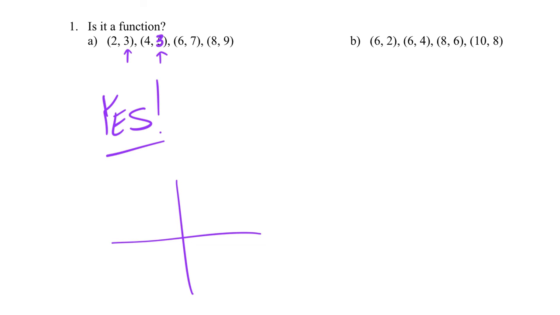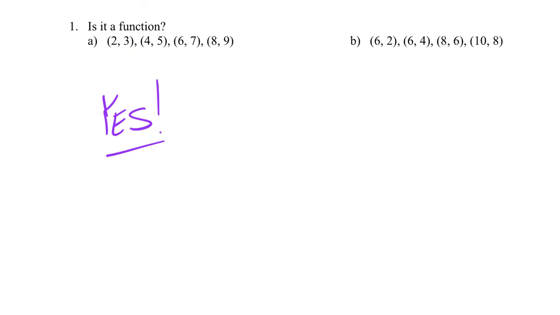Remember, 1 x of 2 gave me a y value of 3. A different x value gave me the same y value of 3. Points can be across from each other. That's okay. I did not have an x value that gave me multiple y values. So I am good. I just have to look at my x's.